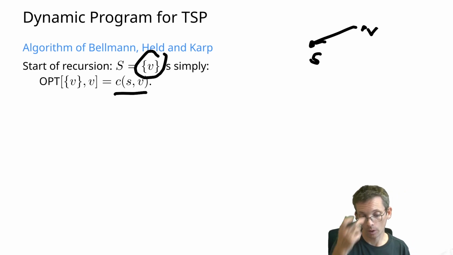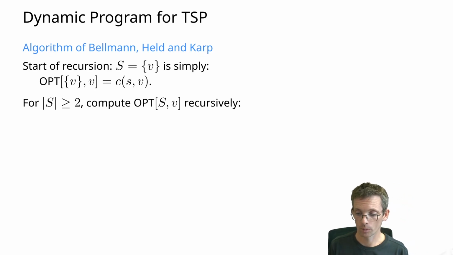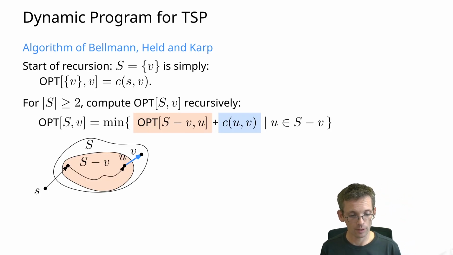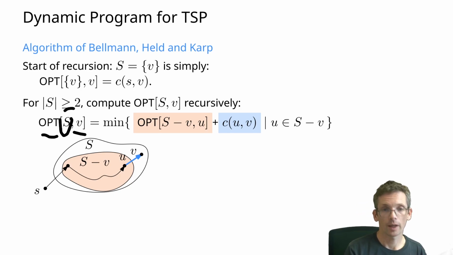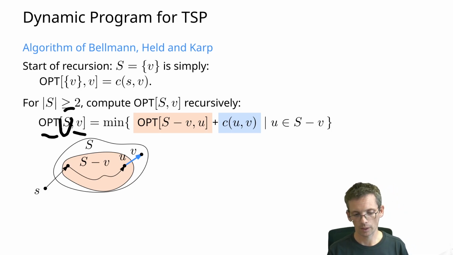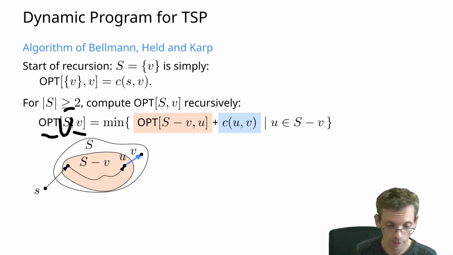Now what happens for larger subsets S? Then I can compute it recursively, and this is the recurrence. So the optimal way of visiting big S and ending in V, starting from S: for this I can simply look at options for the vertex that is on the path just before V. Let's assume this vertex is U.